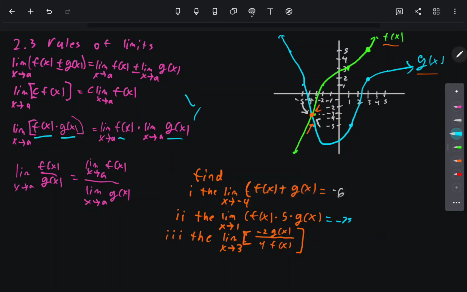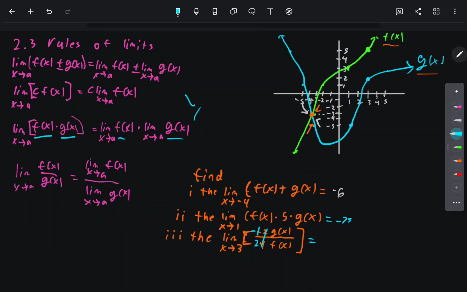Okay. The last limit rule that we have is the limit of a rational function, so f of x over g of x is equal to the limit as x approaches a of f of x over the limit as x approaches a of g of x. So, looking at this final problem, we can break this down into, really, this is just negative 1/2.